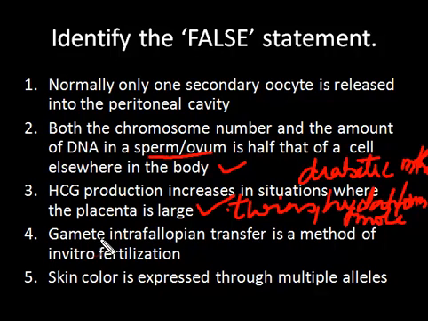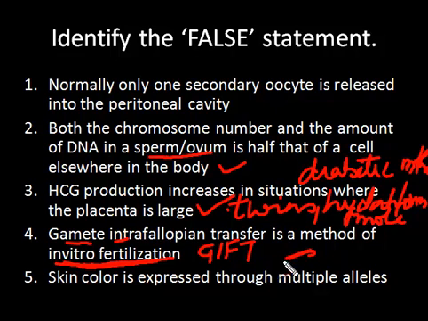Let's look at this fourth statement, which says gamete intrafallopian transfer, called the GIFT technique, is a method of in vitro fertilization. Now, in vitro fertilization means fertilization outside the body. In gamete intrafallopian transfer, read the words carefully. It says gametes are transferred into the fallopian tube.